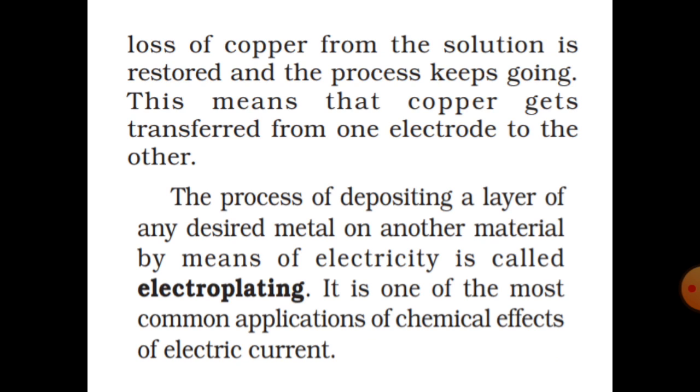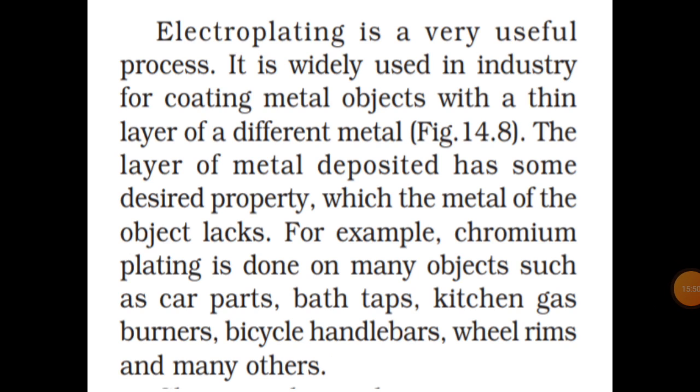The process of depositing a layer of any desired metal on other materials by means of electricity is called electroplating. It is one of the most common applications of chemical effect of electric current. Okay, electroplating is a very useful process.